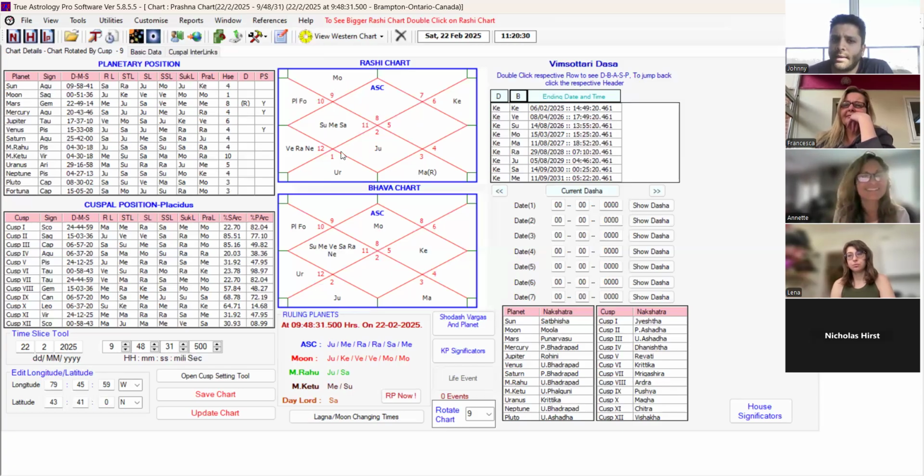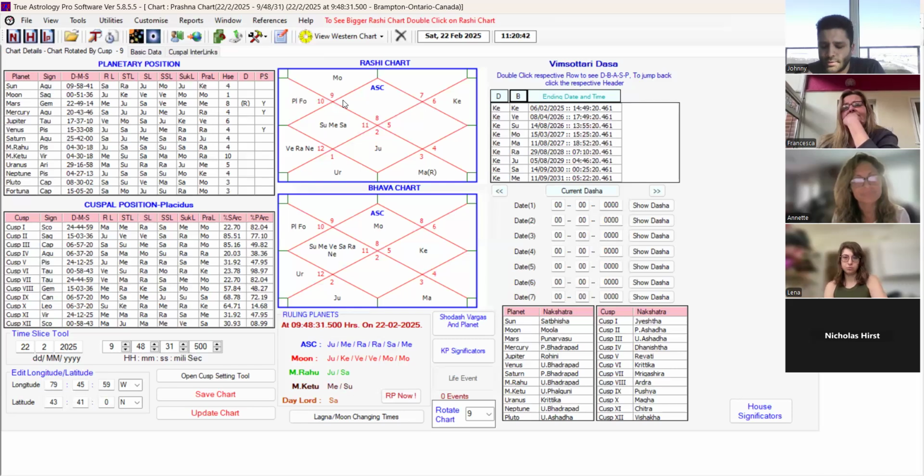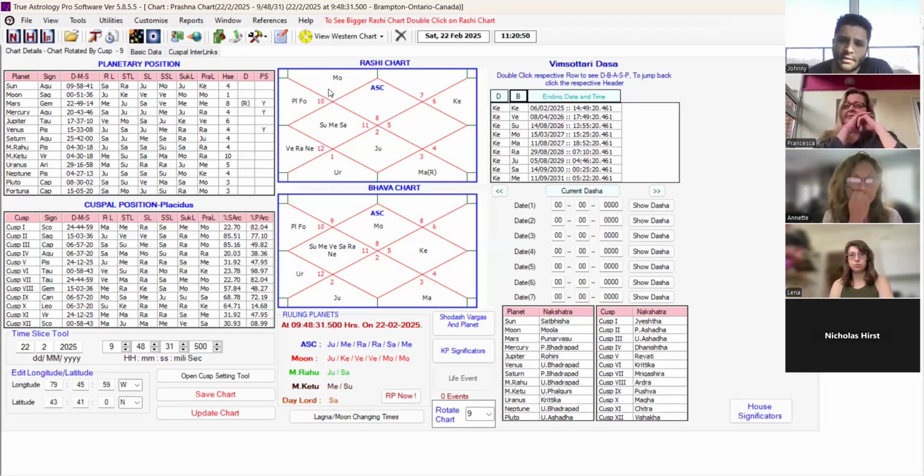It just means the moon, being in a fire sign, is not happy there. Yeah, it's a very good point. Moon is a watery sign sitting in a fire sign. So moon is not a watery sign. Moon is a watery planet. My bad.